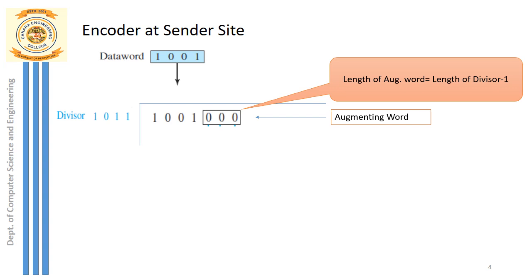Now we start the division operation by considering the first bit of the dividend. If the first bit of the dividend is 1, then we multiply the divisor with 1. The result is 1011. Now we perform XOR operation between the bits without considering the leftmost bits.